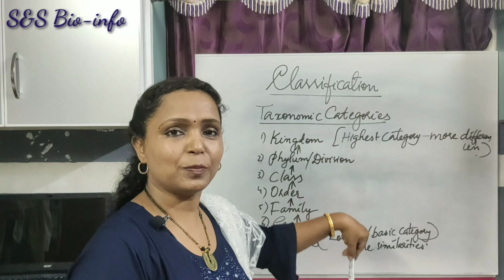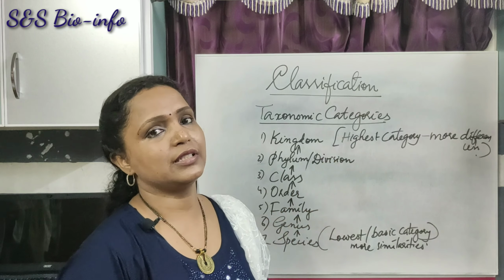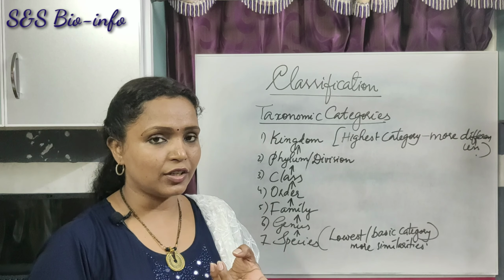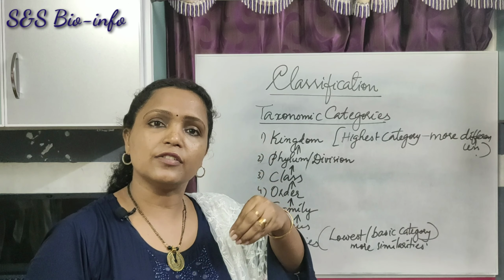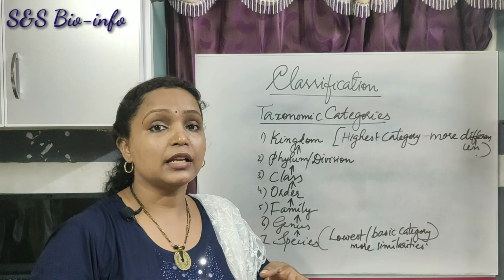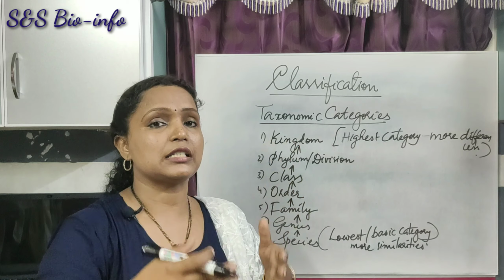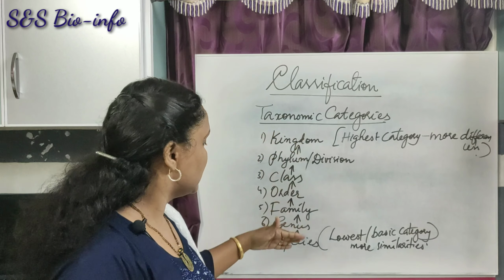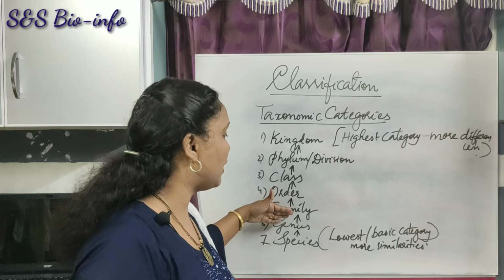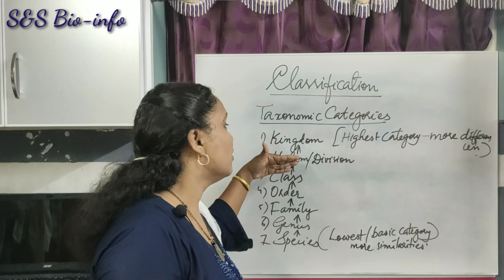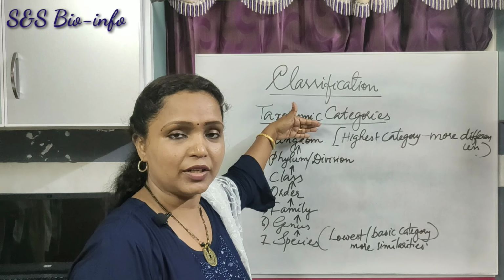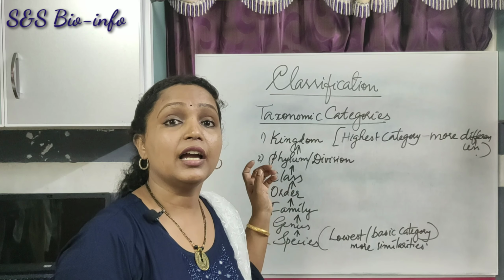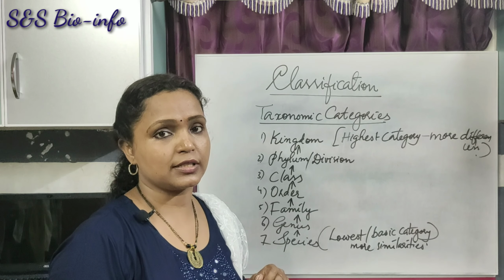So kingdom to species, highest to the lowest category. This is known as the hierarchy of classification. It represents the different levels in the classification process. Got it? That is the arrangement of taxonomic categories in the classification process.